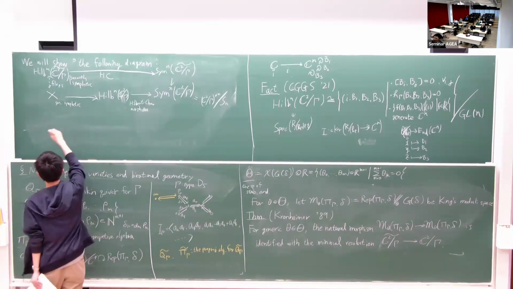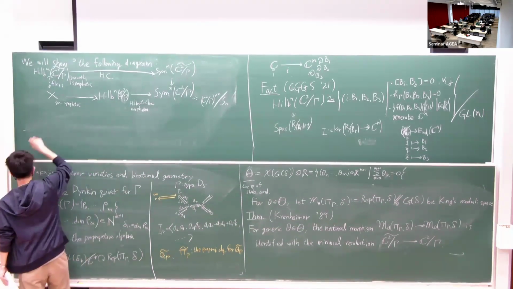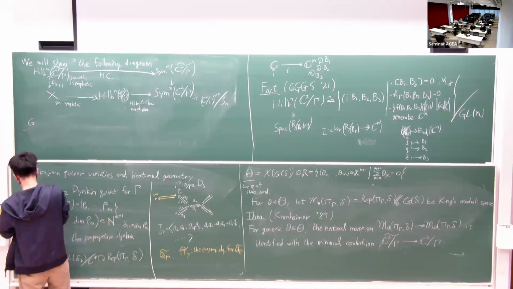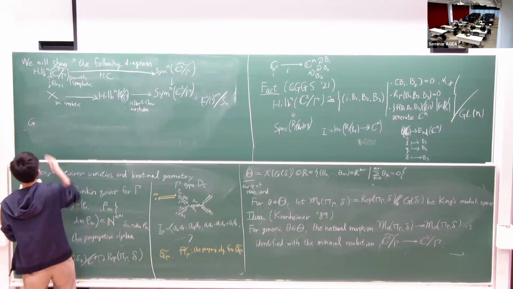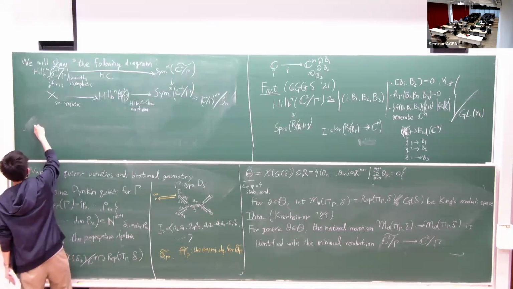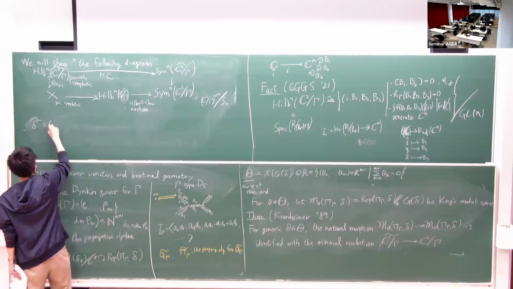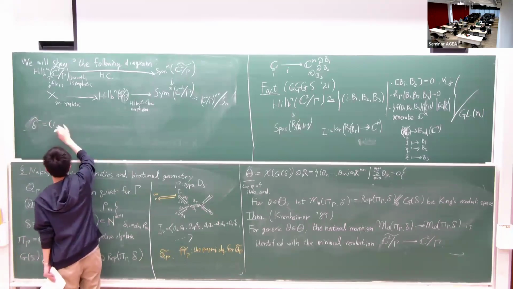In this case, we consider the group G n delta. Before that, we introduce the dimension vector n delta tilde. This consists of 1 and n delta.